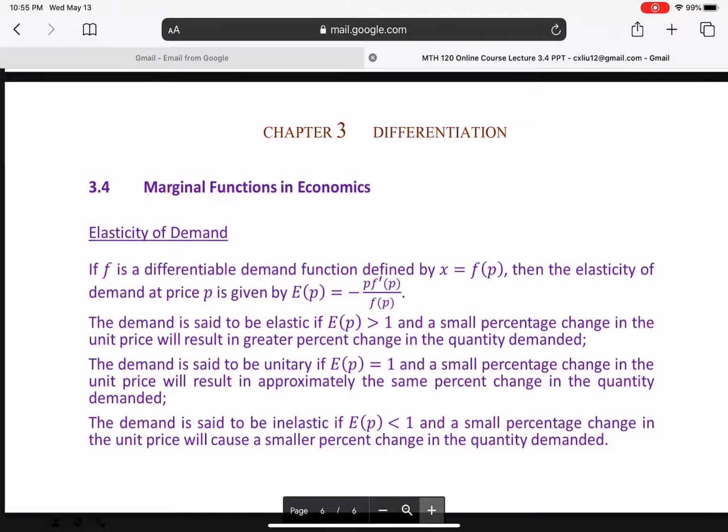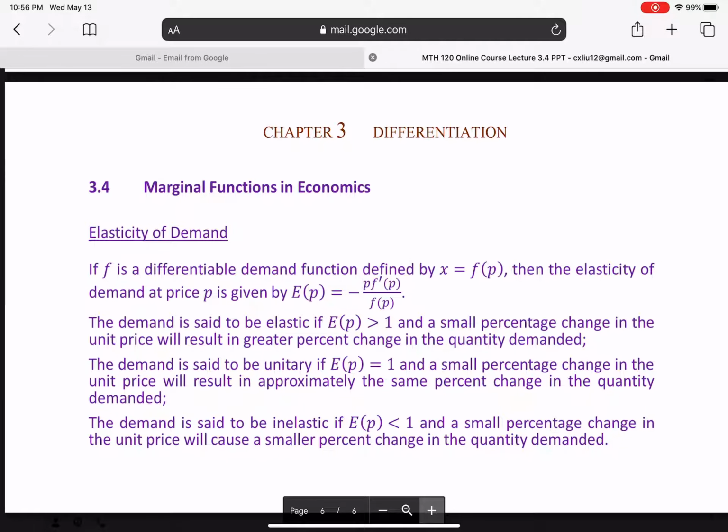So you are considering the effect of change of unit price on the change of the demand. So the demand is said to be elastic if E of p is greater than 1. And that means a small percentage change in the unit price will result in a greater percentage change in the quantity demanded.